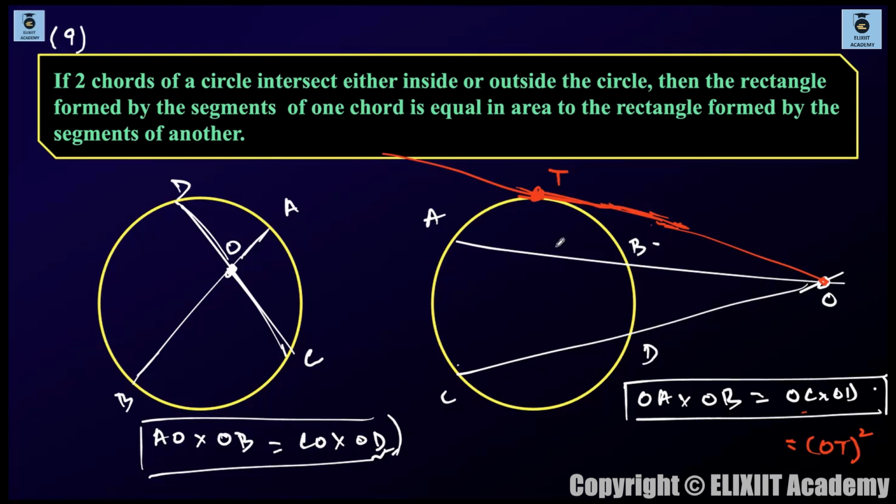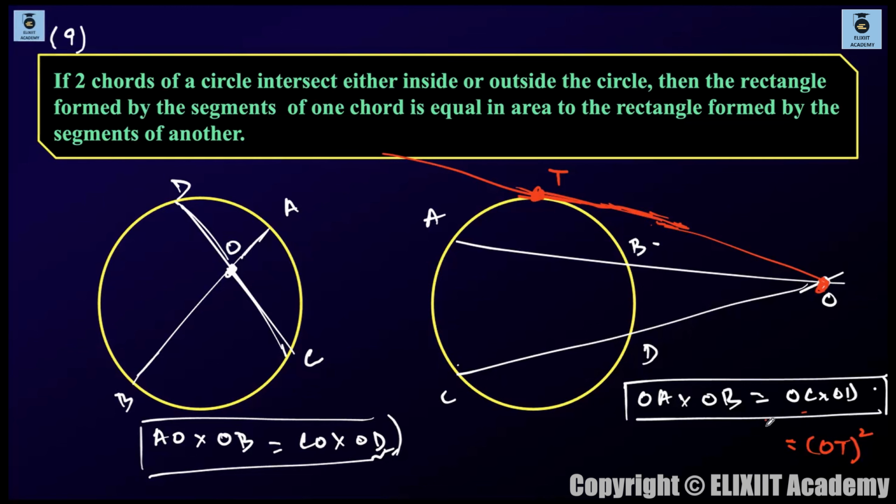Means if the chords are intersecting externally, from the point of intersection of the two chords, which is lying outside the circle, if you draw the tangent to any point on the circle, this theorem will hold.